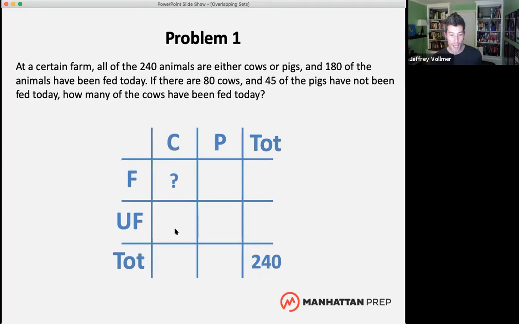So we have a lot of work to do to figure out this unknown, but we also have a bunch of clues we haven't accounted for. All 240 animals are either cows or pigs, and 180 of the animals have been fed. Oh, those are the lucky animals. Think about where you're going to place the 180.